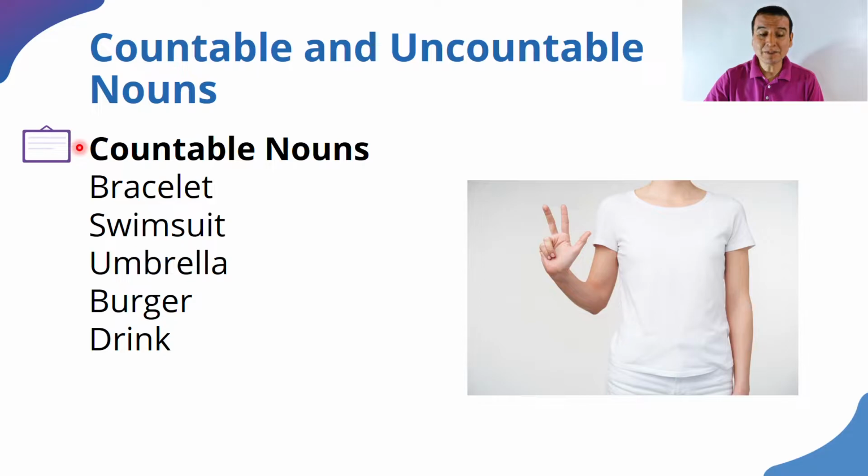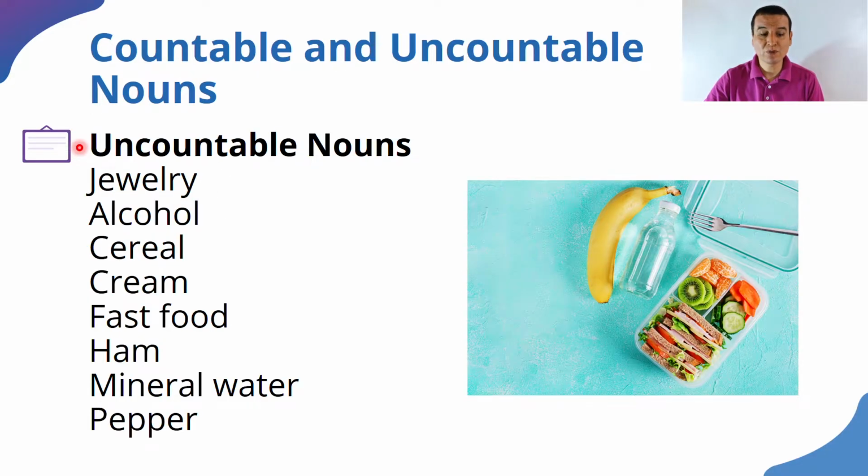All right. Opposite to countable nouns, we have some uncountable nouns. These refer to things that we cannot usually quantify just by using a number before them.